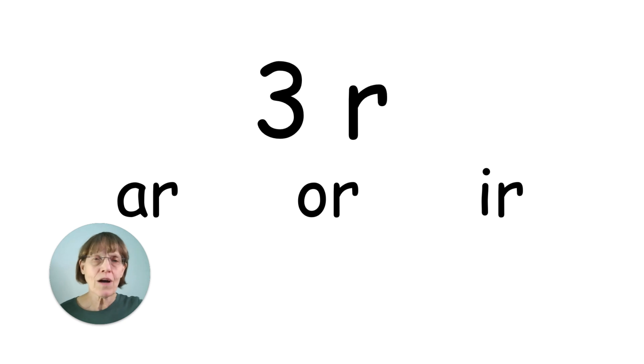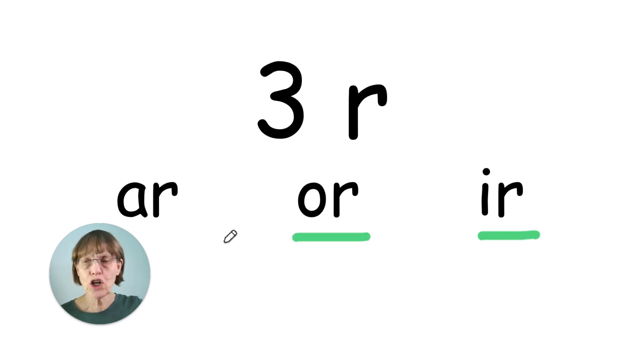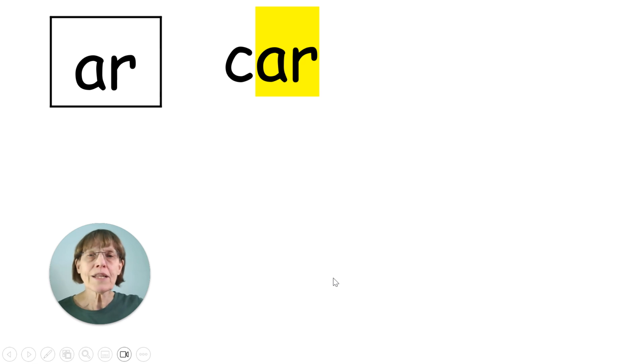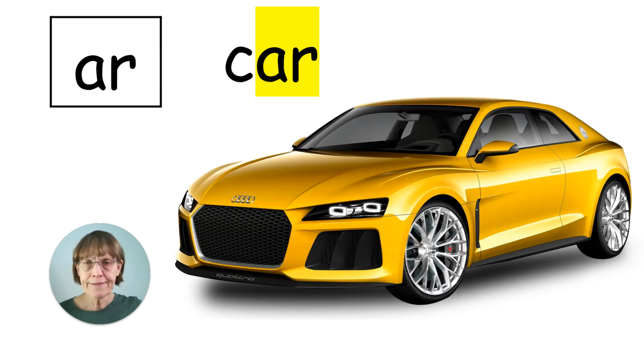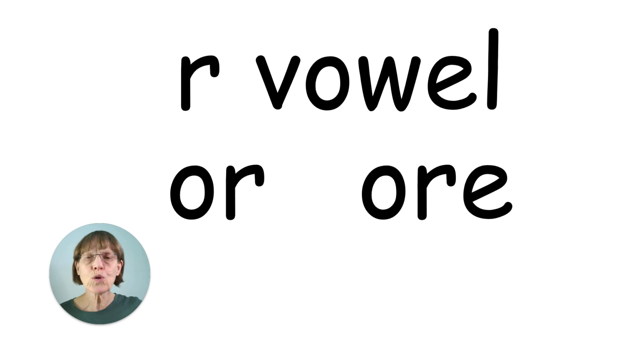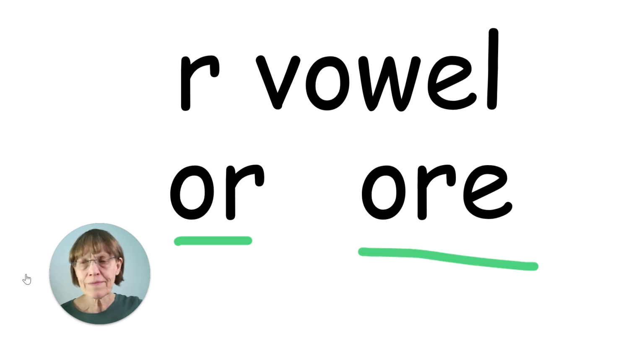We have 3 R sounds. We have R, that sounds like the letter R. We have or, and we have R. Please read. We have 2 ways of spelling the or sound. We can spell it with just O-R or with O-R-E.